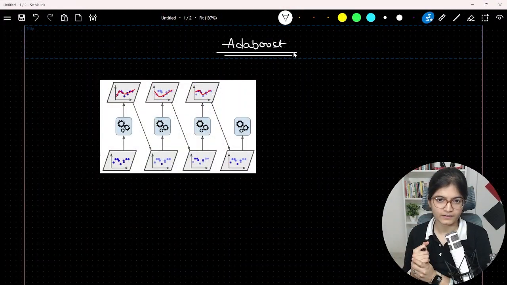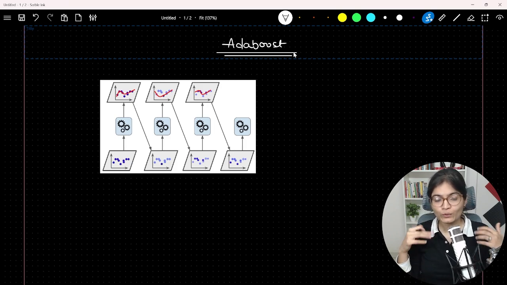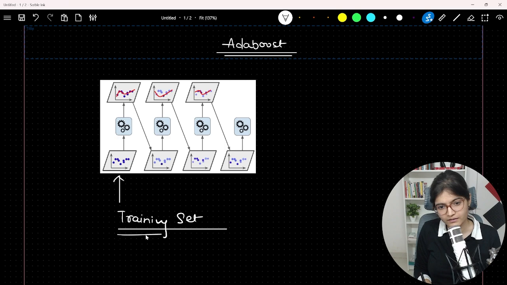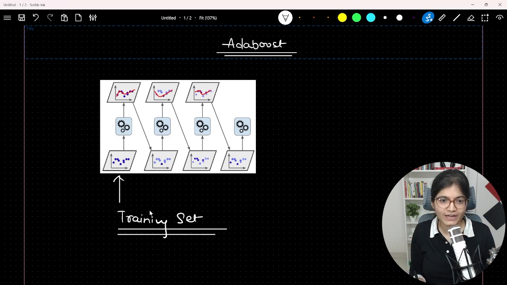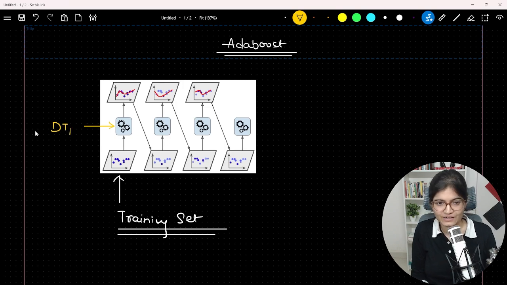Now let's deep dive into this algorithm. As you can see from the image itself, this is our training set, and we are passing the data points to the algorithm. For example, here we are working with DT1, decision tree 1.